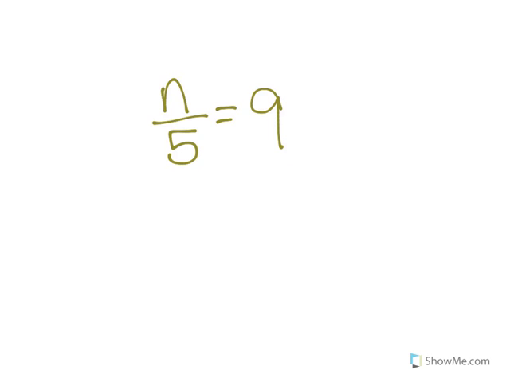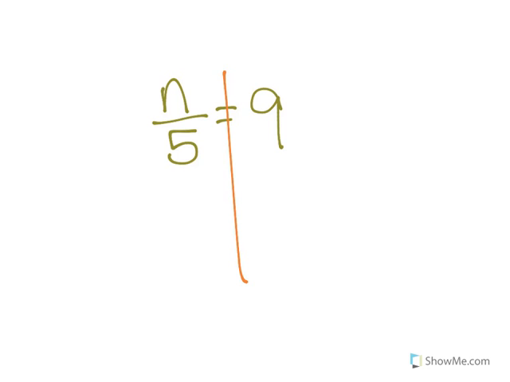Okay, for another problem. I'm going to draw the line through the equal sign, and I'm going to look, and what's being done to the variable? Well, it says n divided by 5, right? Because that means divide. So I have n divided by 5 equals 9. So since I'm dividing, to get rid of that, I use the inverse operation, which is multiplication.